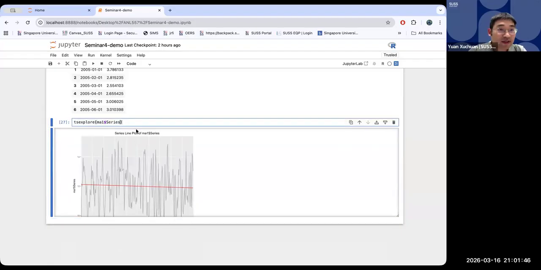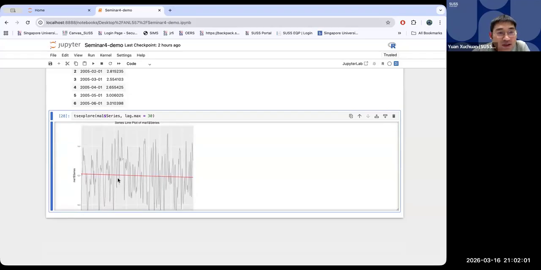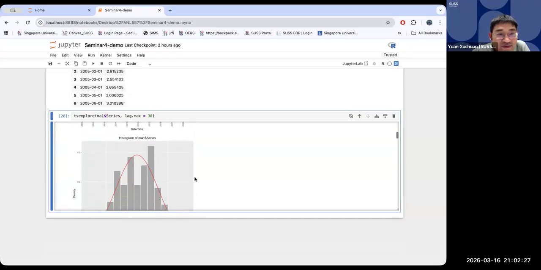Maybe with lag max 30. So if you look at the line plot of MA1 series, you can see the variability seems not an issue, and the data is distributed around the mean, but the trend line seems to be decreasing.